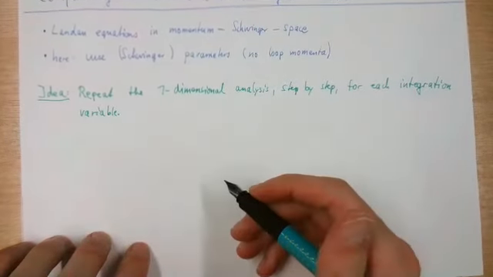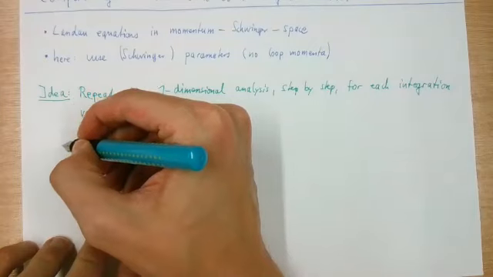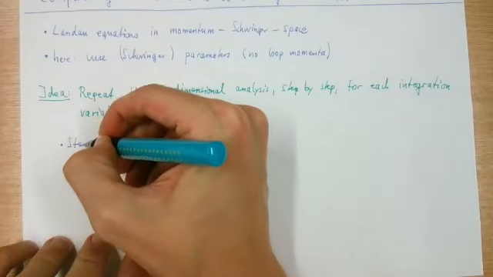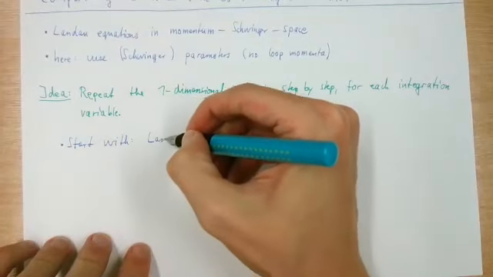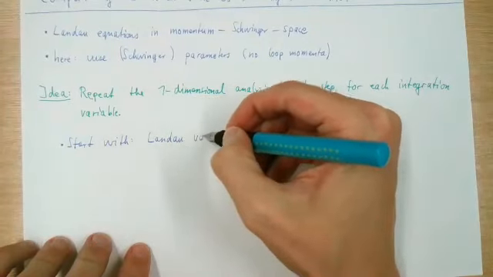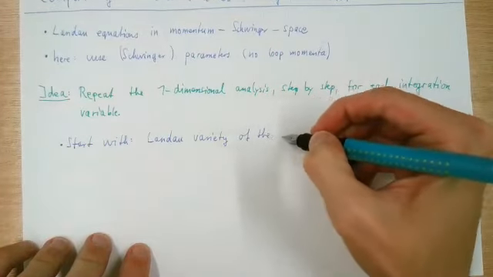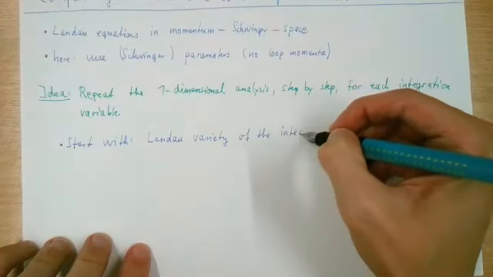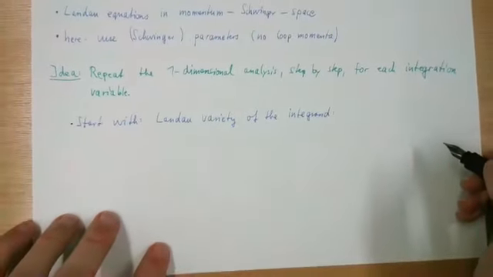So we start with the Landau variety of the integrand. And this we can easily write down. What is this?